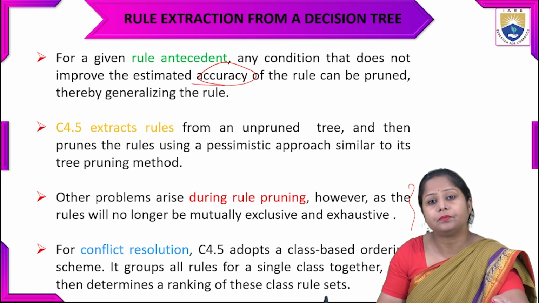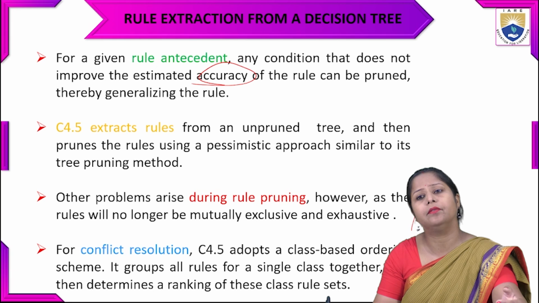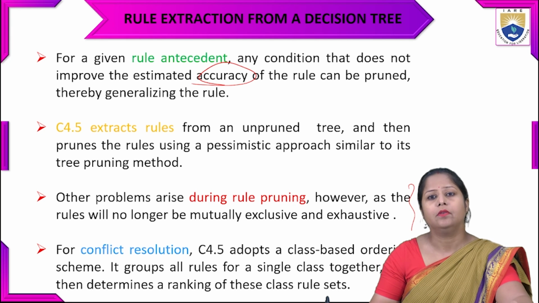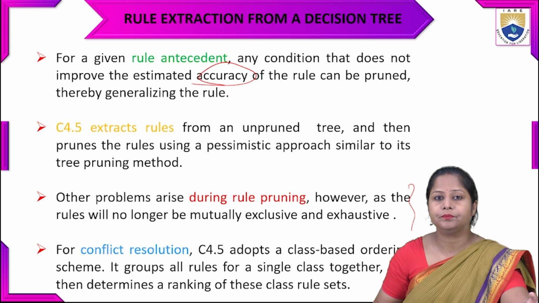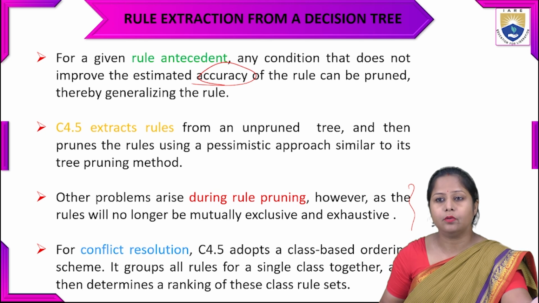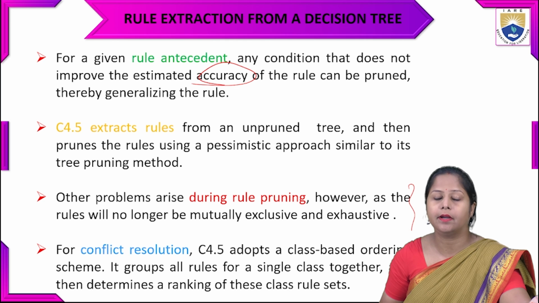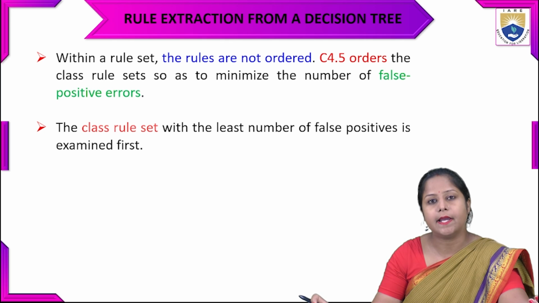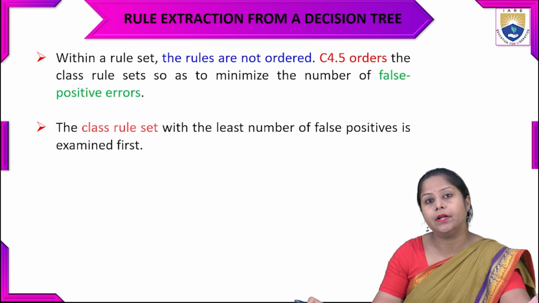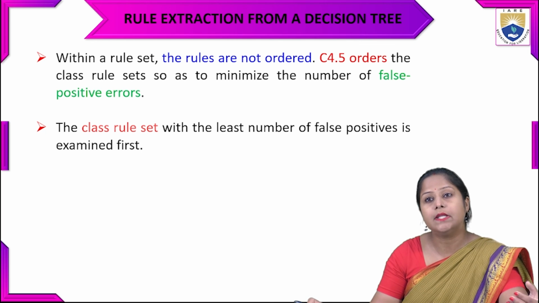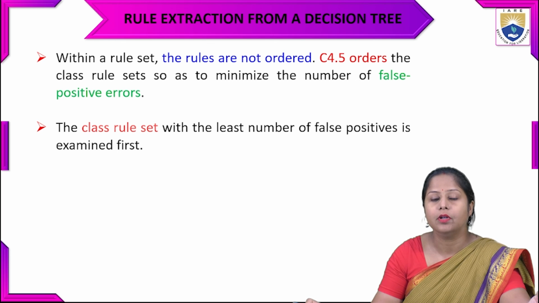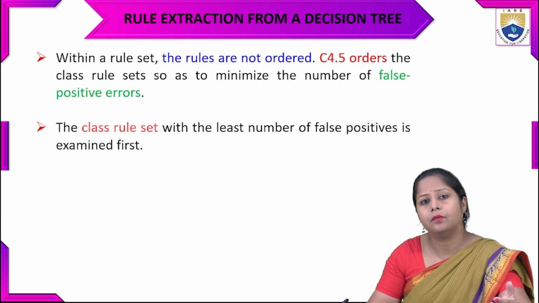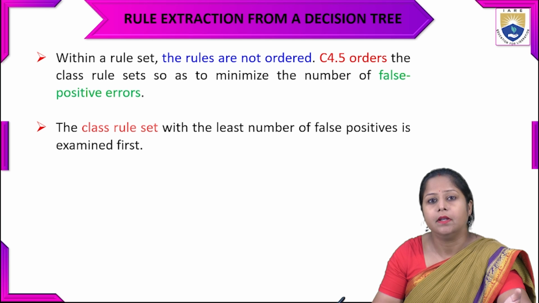For that we have to determine the ranking of these classes of rules. So C4.5 uses the class-based ordering. Within a rule set, the rules will not be ordered. If they are not ordered, C4.5 orders the class rules.